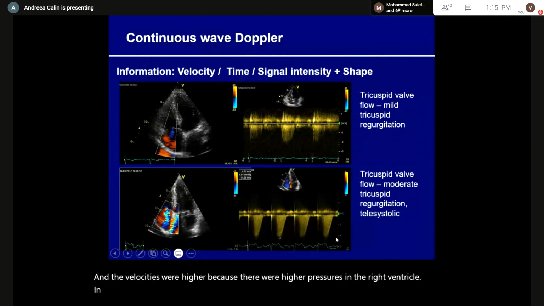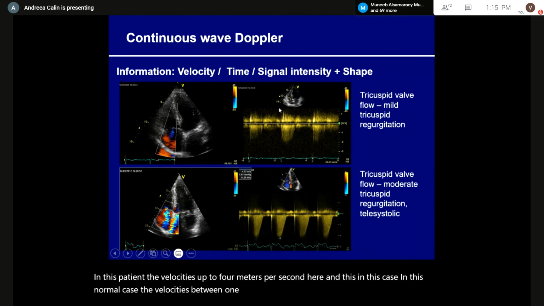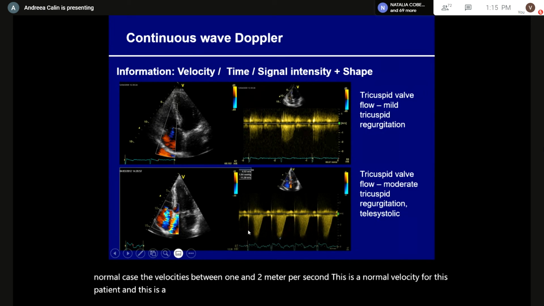The velocity is up to 4 meters per second here, and in this normal case, the velocity is between 1 and 2 meters per second. This is a normal velocity for this patient, and this is a pathological velocity in this patient. That signifies that the pressures in the right ventricle are very high.